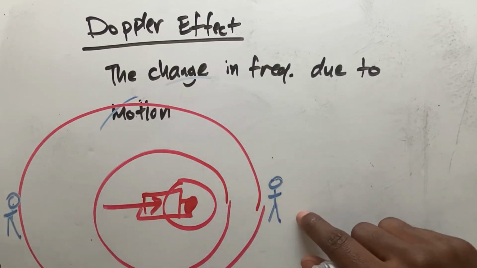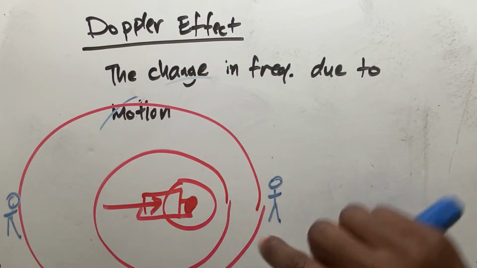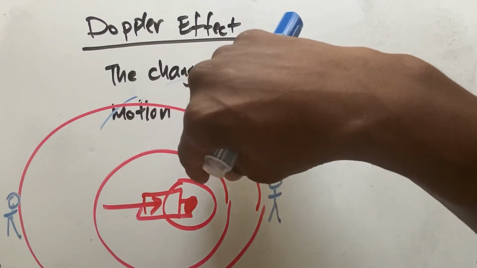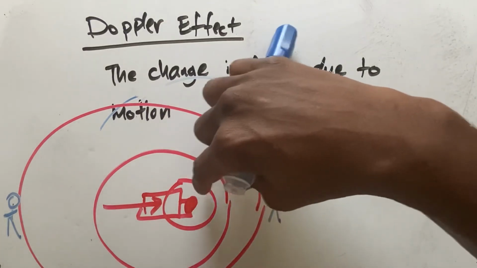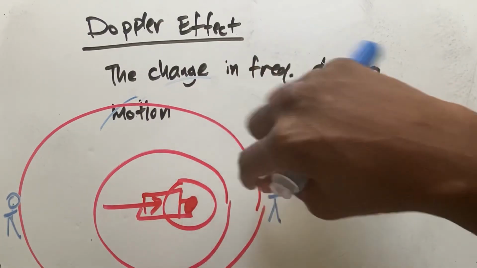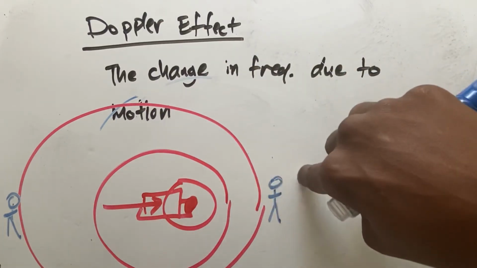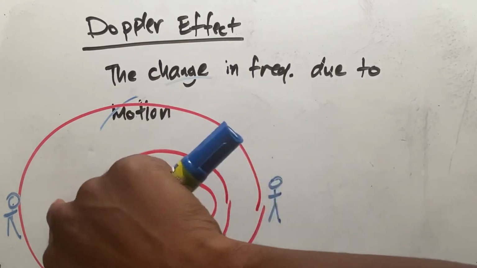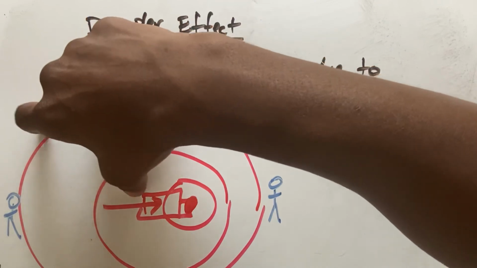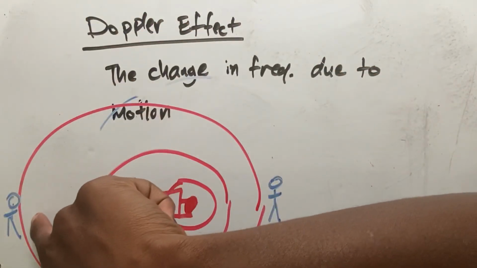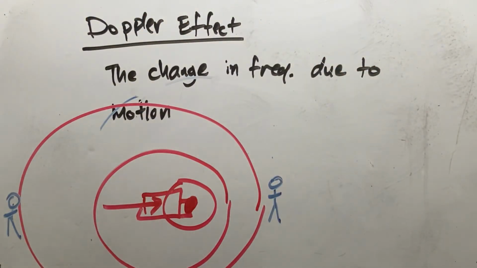This person is going to hear a higher pitch because he's being hit with a higher frequency of the waves. Notice how these are a lot closer to each other. Whereas this person, notice the waves are a lot more spread apart. He's going to hear a lower frequency. And that is what the Doppler effect is.